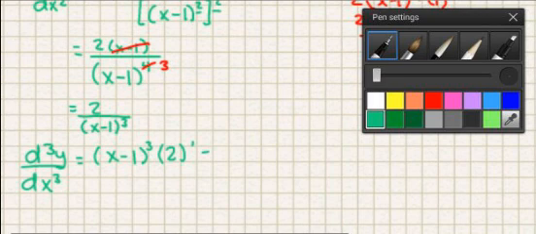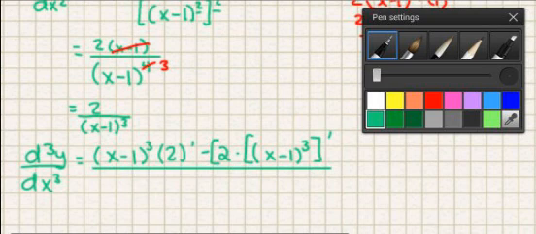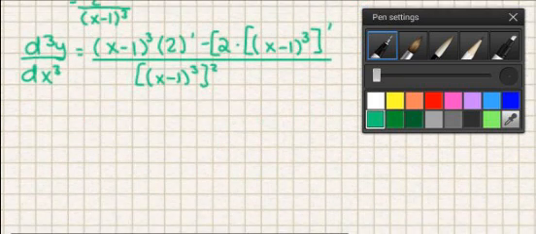And then the derivative of x minus 1 to the power of 3. Okay, so again, this first term is going to be 0. So I won't bother with that.